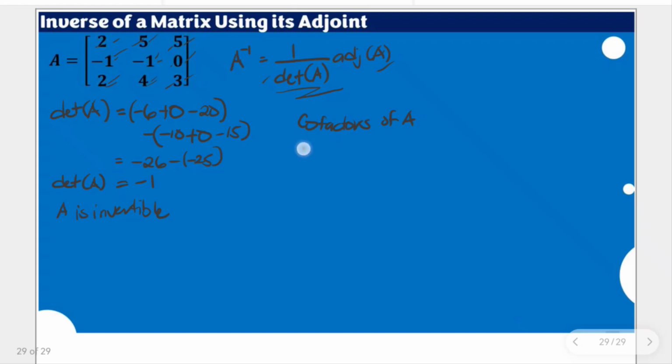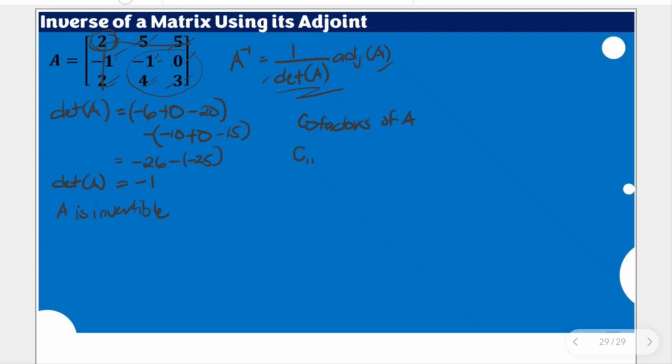Let's do it like this. For the cofactor of the entry in 1, 1, meaning this one here, we're going to take its minor. The minor is the submatrix of this given matrix where we exclude the same row and column of the said entry. So the cofactor of the entry in 1 1 would mean the result of this submatrix as its minor to be multiplied with a certain quantity later.